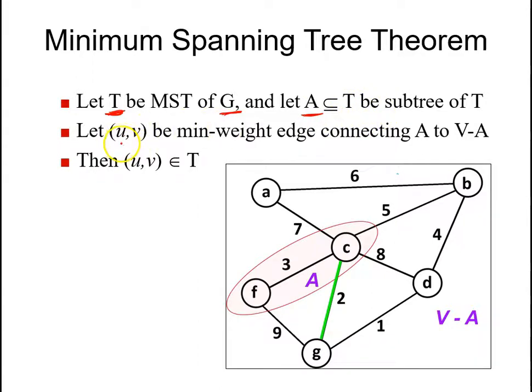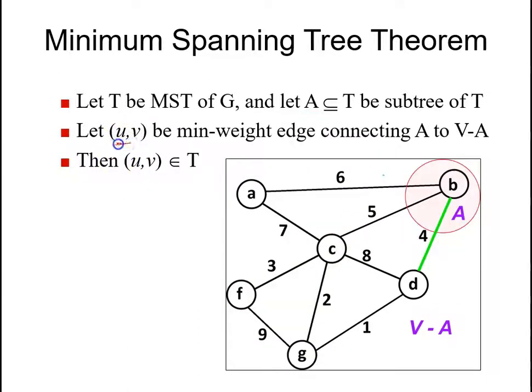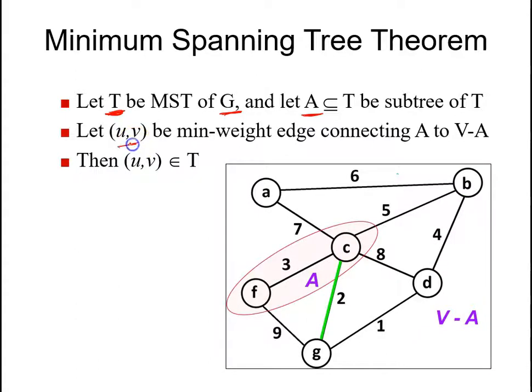And let the edge between vertex U and V, which we will denote as UV, be a minimum weight edge connecting the set A to every other vertex that's not within the set A. Okay, so V minus A is the set of all vertices in our graph that are not in set A.